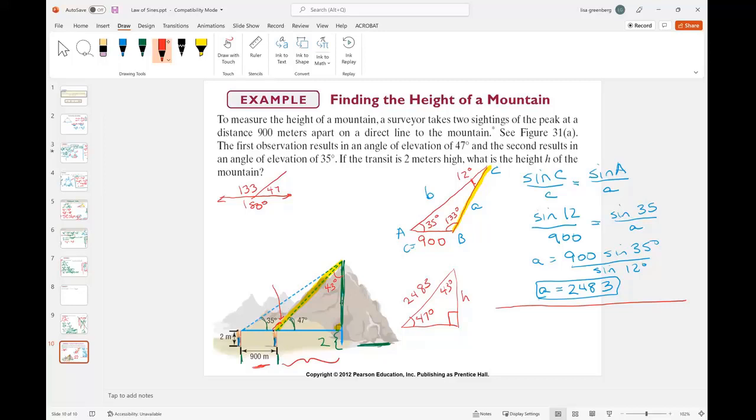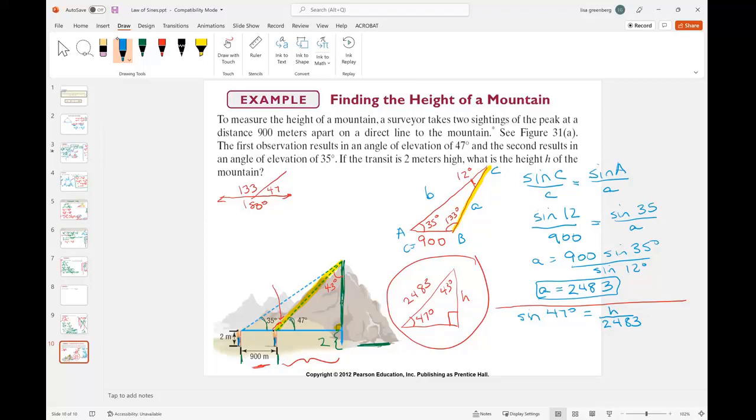Because this is a right triangle here. So I know that the sine of 47 degrees is going to equal opposite over hypotenuse. And that's really what I know. I already know that from all the trig we've had before.